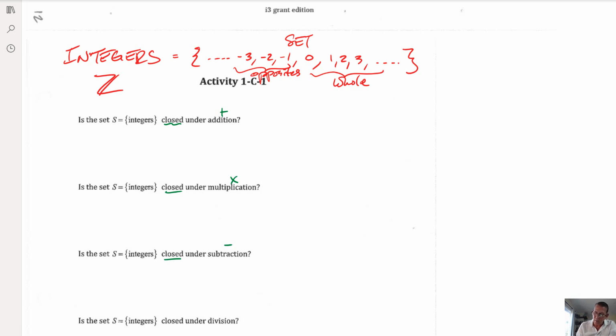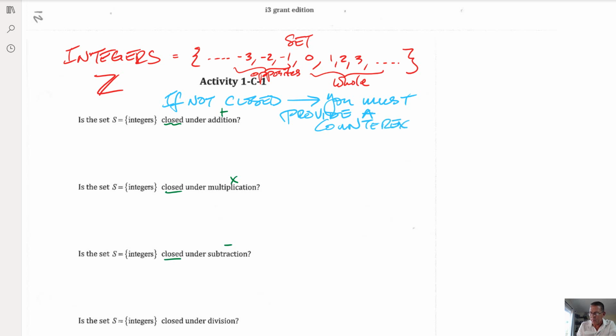Okay, so if it's not closed, you must provide a counterexample. So keep that in mind. Really important point there, so make sure you write that down. So if it's closed, you're just going to say closed. All right, if it's not closed, you better give a counterexample and show why.